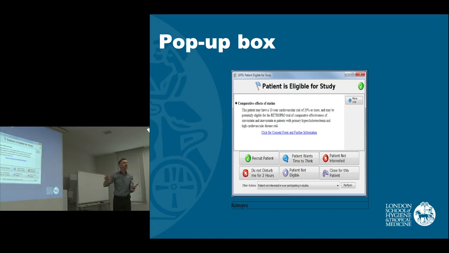And then the beauty is that the system would then randomise the patient to one of the two statins, the doctor would make the prescription, and then nobody would ever need to do anything else for the trial in the future, because all we would do is simply collect the information from the electronic health record as it happens.